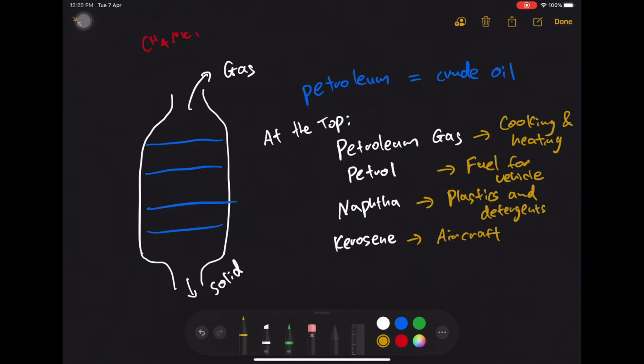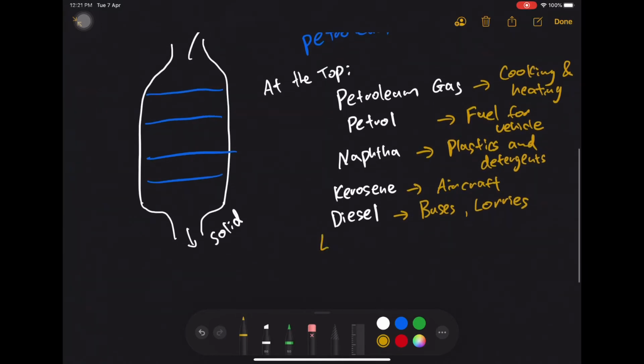Next, after kerosene we will have our diesel oil. This is used for large vehicles, for example buses, lorries, trucks, and trains, for big vehicles. And after diesel we have our lubricating oil.